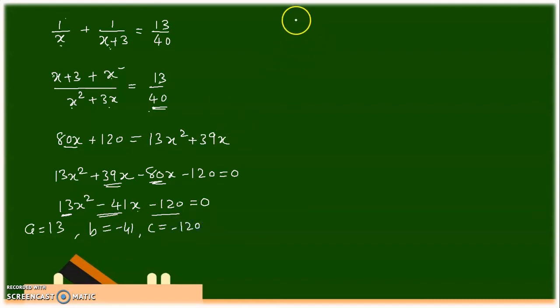So first of all, we will find the value of d. The formula is b square minus 4ac. So b square will be minus 41 square minus 4, a is 13 and c is minus 120. So 41 square will be equal to 1681.